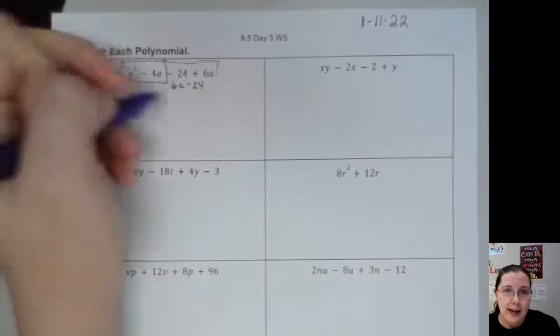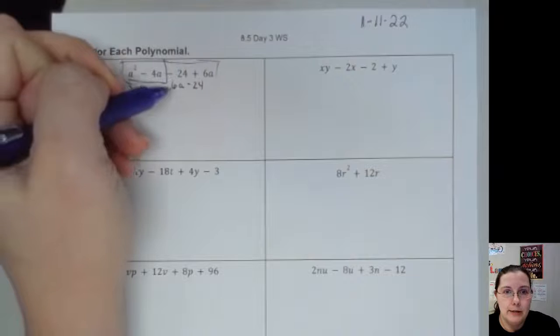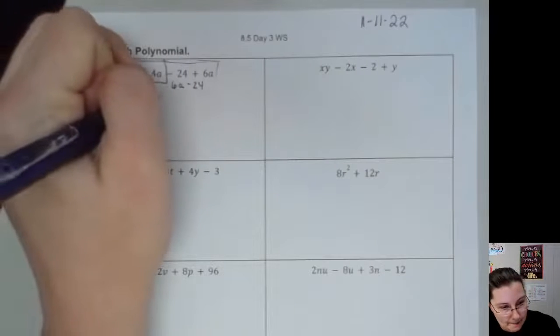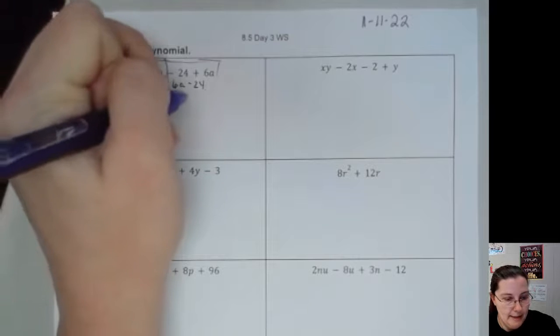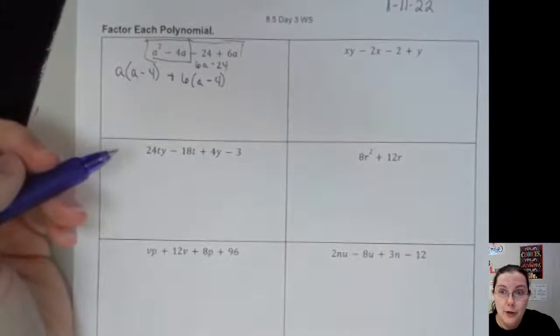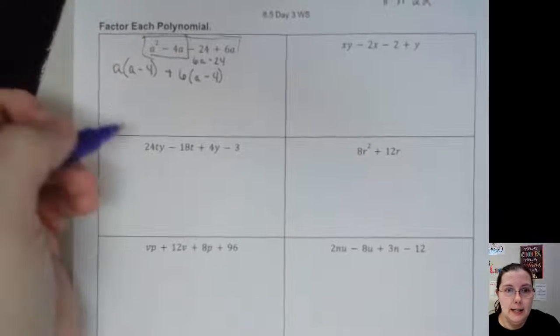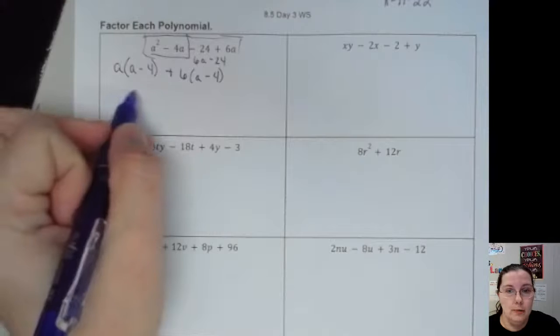So when I look at that and I go to find my greatest common factor here, I'm actually going to pull out a 6, and it's a positive 6, and then I'm going to be left with a minus 4 as well. So now the new part that we had today in class is we are looking for what we have in common between these two terms.